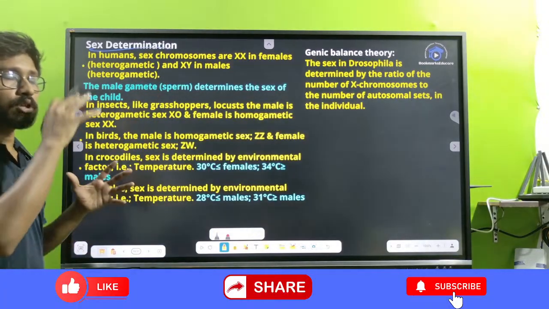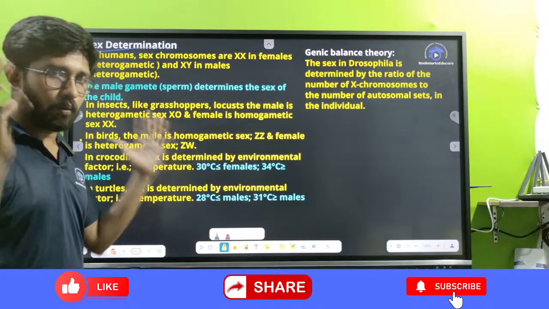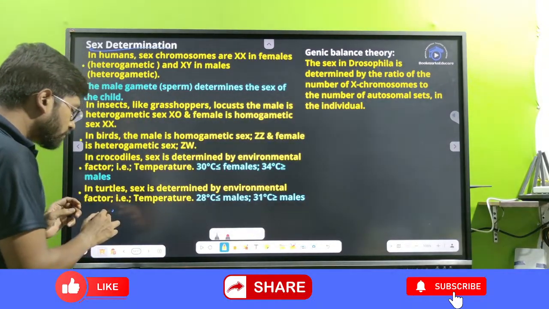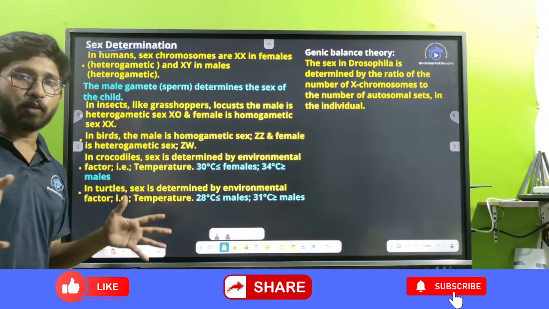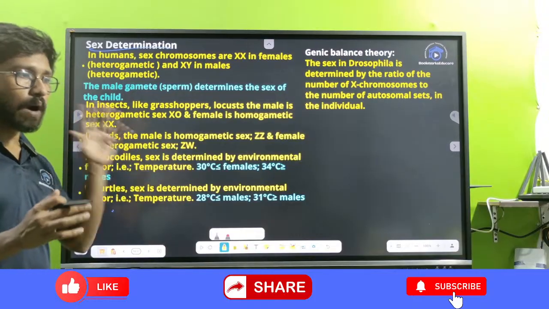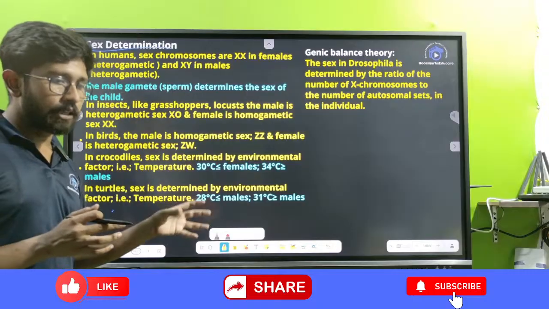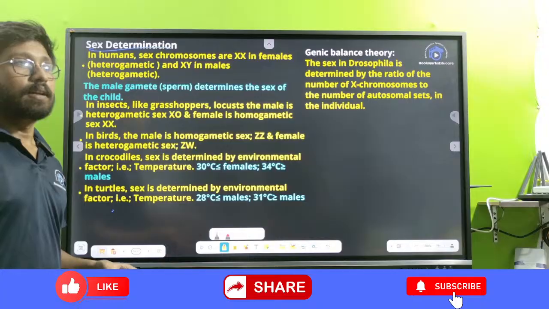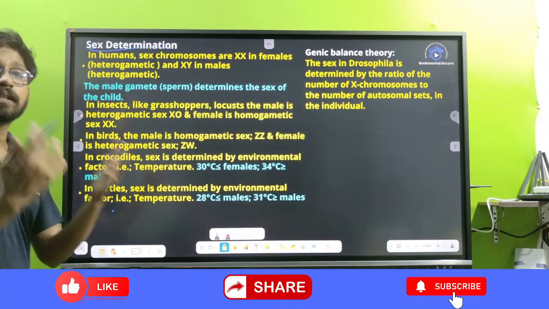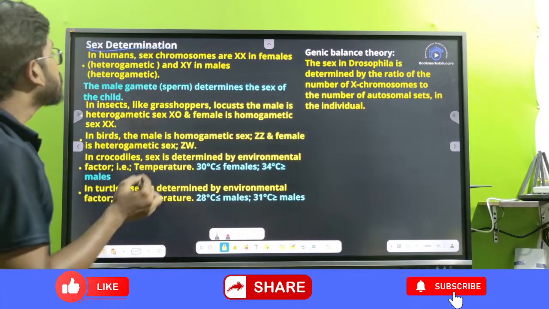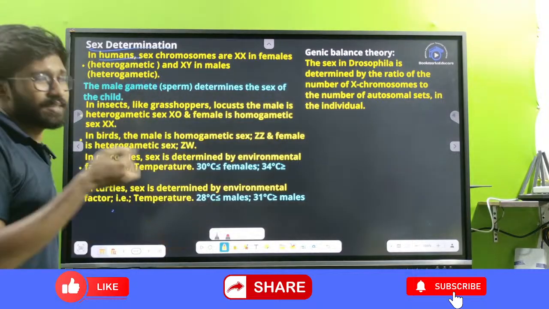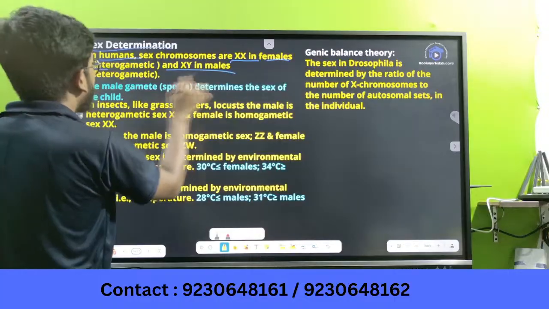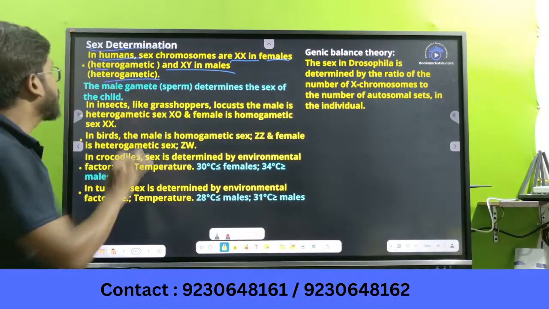In general, most animals in the world ecosystem are sexually dimorphic. Sexually dimorphic means one individual will become male and another individual will become female. But how is this dimorphism created? For humans, we have studied multiple times: XX are for females and XY for males. How? We will see later.